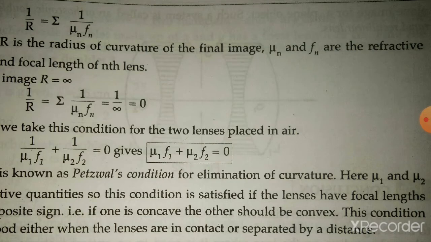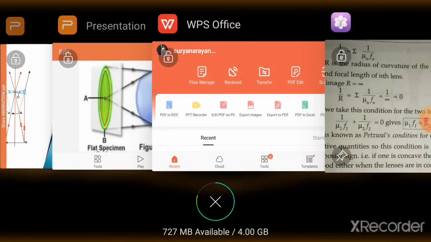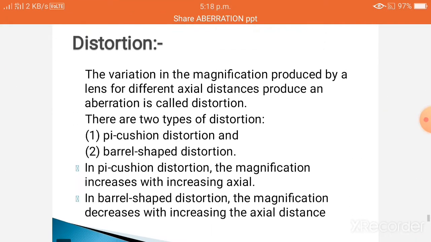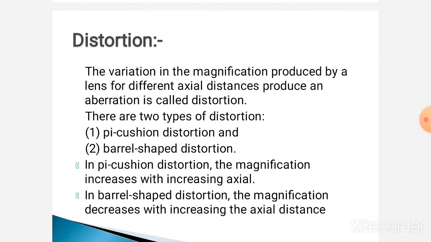Next topic is distortion. What is meant by distortion? The variation in the magnification produced by the lens for different axial distances produces an aberration called distortion.